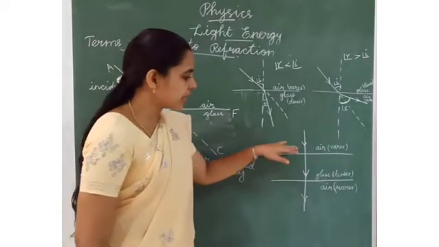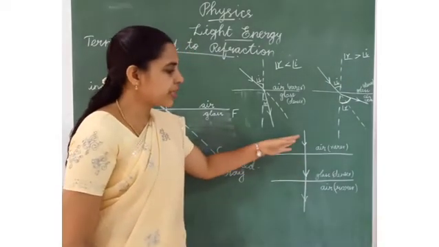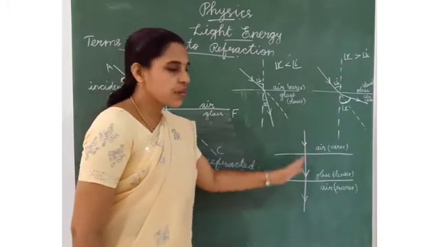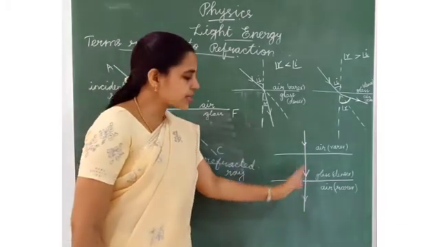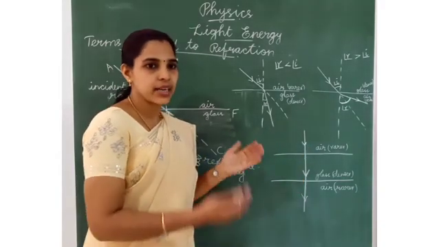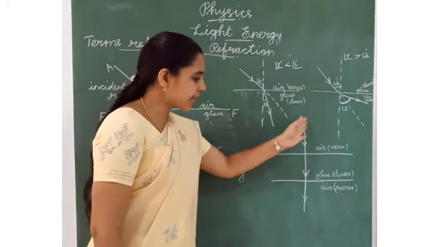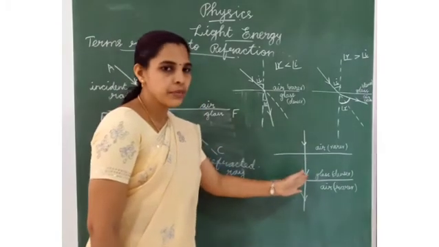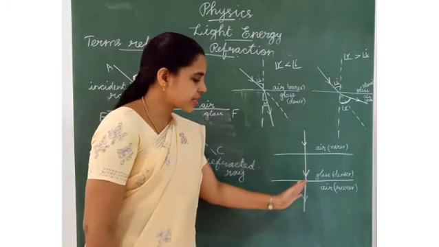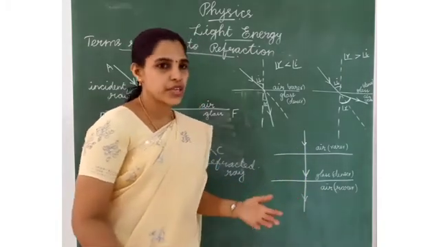From this picture, the ray of light from the rarer medium to the denser medium falls on the perpendicular surface of the medium, so it does not create any angle of incidence. The light ray falls on the separation surface perpendicularly, so it has no deviation.